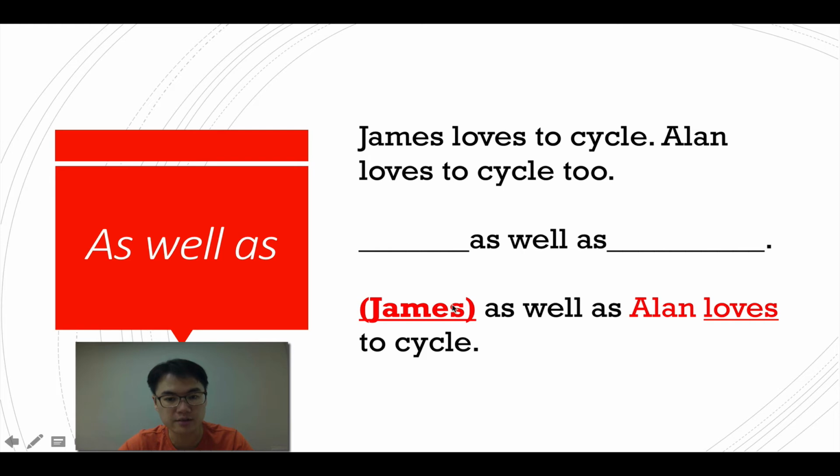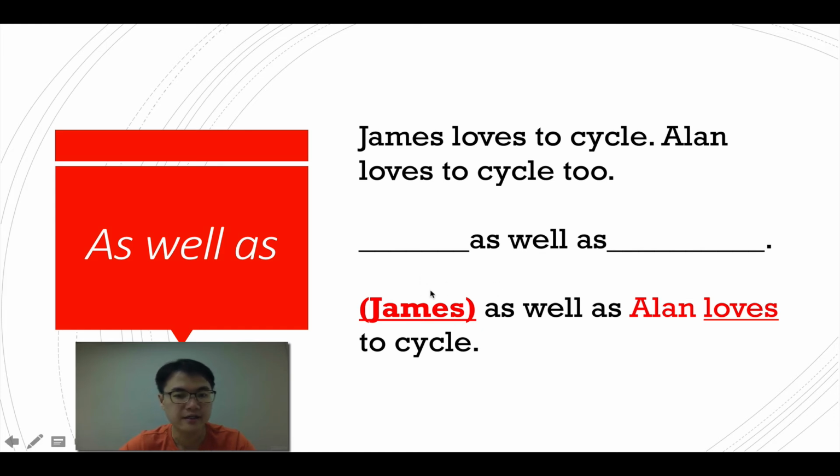And this subject will agree with the verb loves. Everything after the connector, as well as, in this case Alan, I can ignore. So here, James is the subject, and one puts S after the verb. James loves to cycle, as well as Alan becomes an additional piece of information.